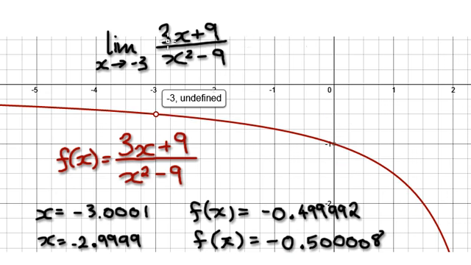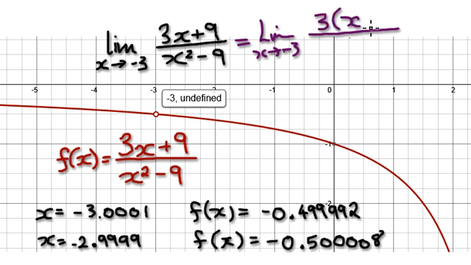The other method is to factorize this. So here you can visualize this as: limit as x tends to -3. Factorize this, so it's like this: 3 bracket x plus 3.